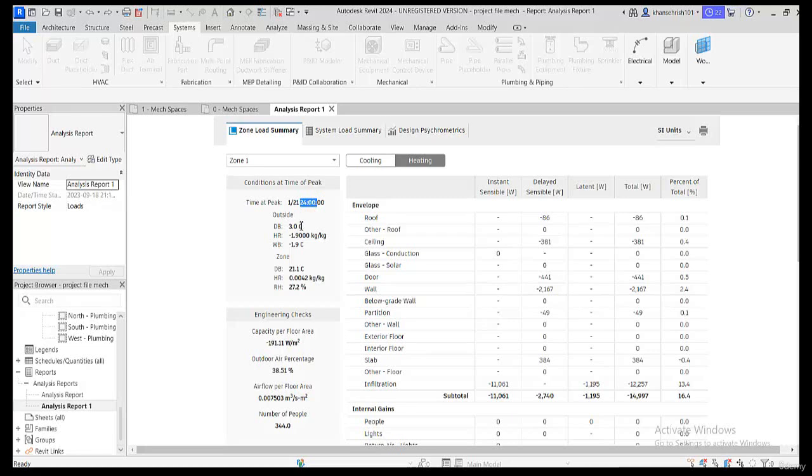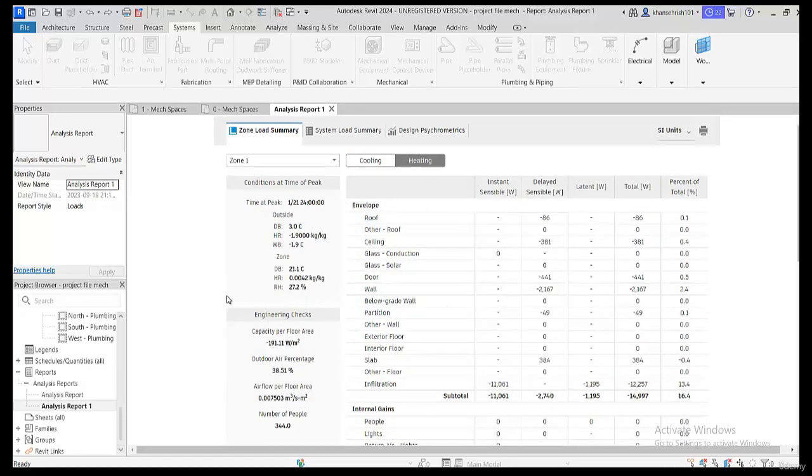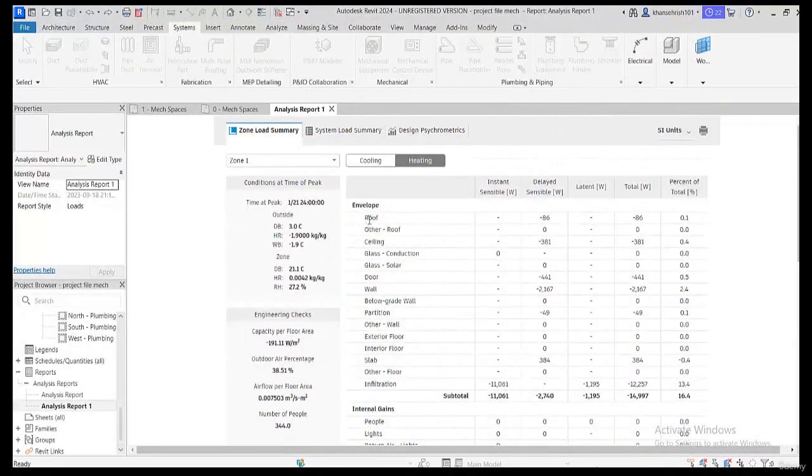The outside dry bulb temperature is 3 centigrade, humidity ratio is -1, and the wet bulb temperature is -1.9 centigrade. The internal zone dry bulb temperature is 21.1, humidity ratio is 0.0042, and relative humidity is 27.2. So the humidity ratio is also very low. These are all engineering checks, so we can analyze the report.